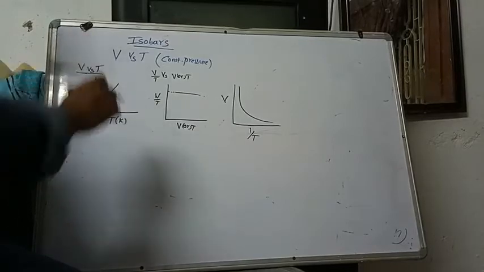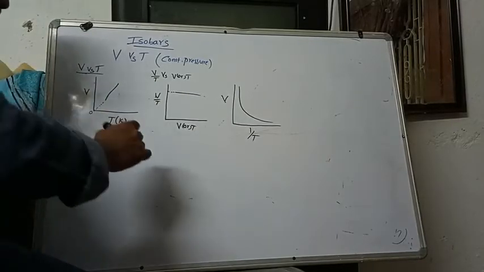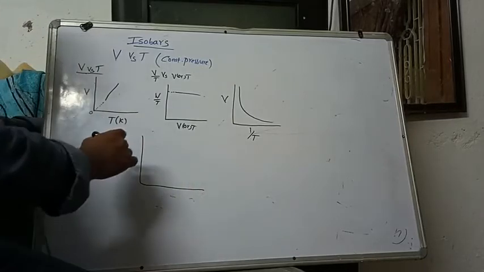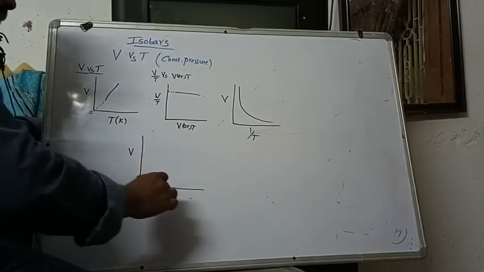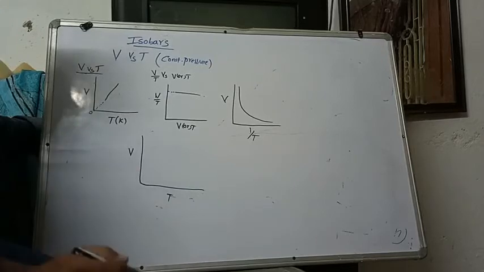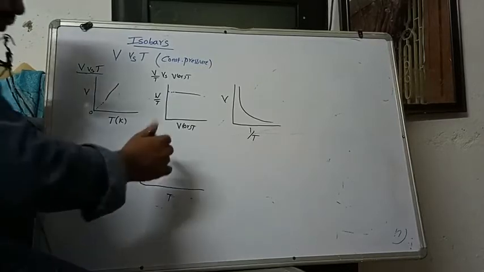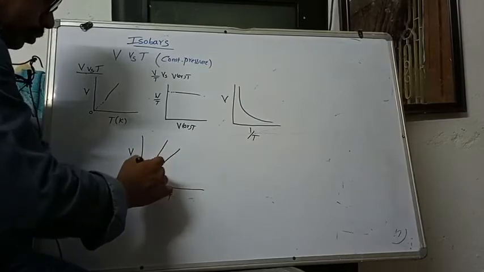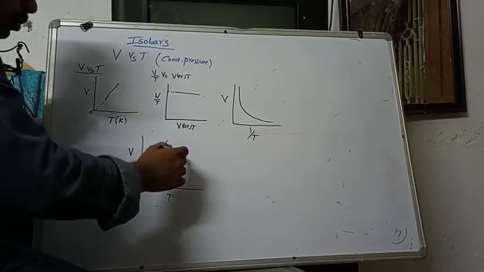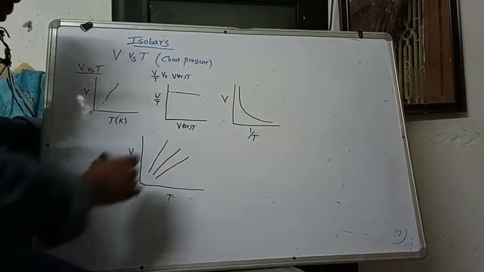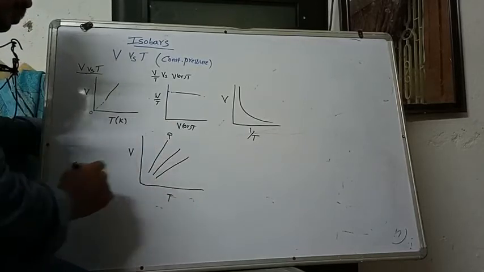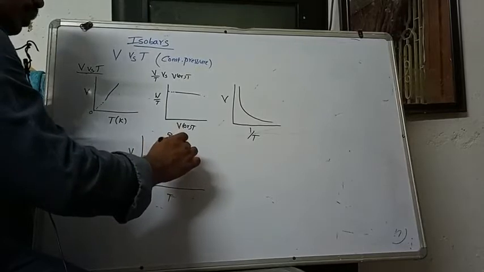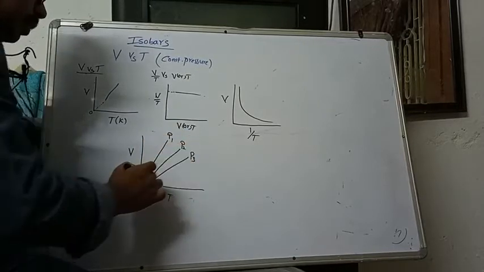Suppose I am taking volume versus temperature. This will be P1, this will be P2 and this will be P3.